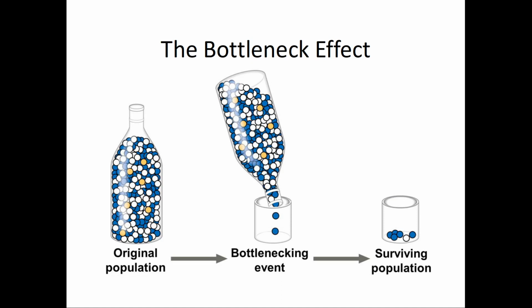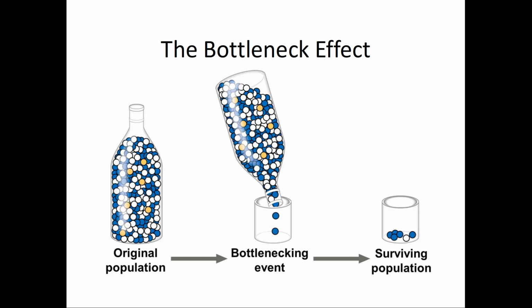Now, the founder's effect can occur. We just showed two examples of them, kind of being forced culturally or because somebody picked up two ladybugs and put them on an island.